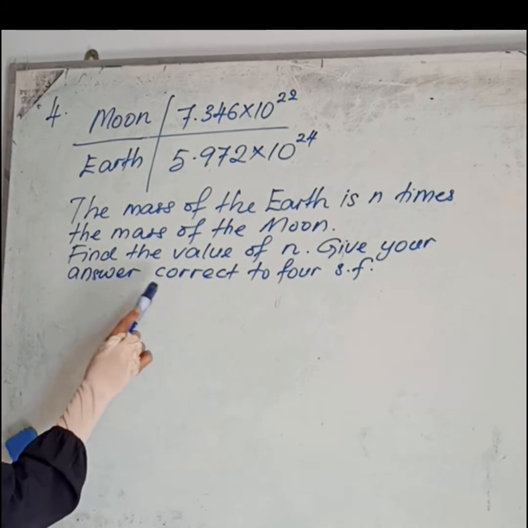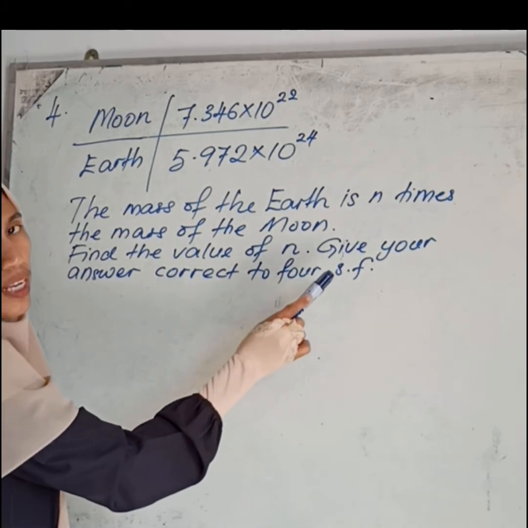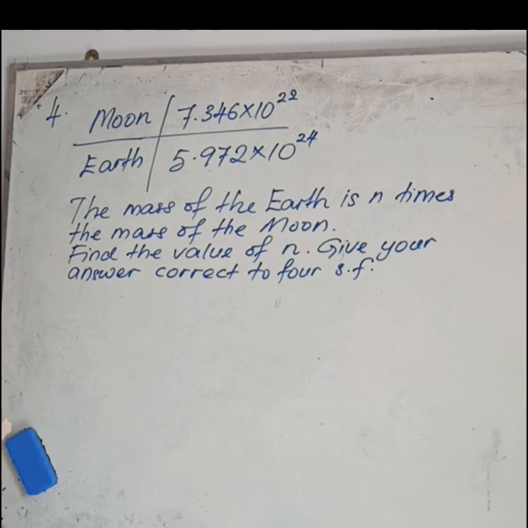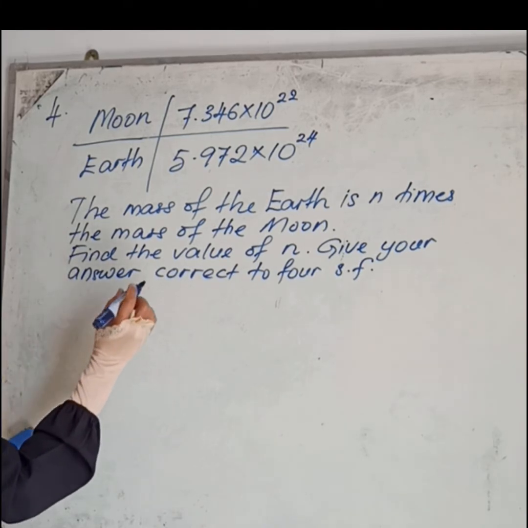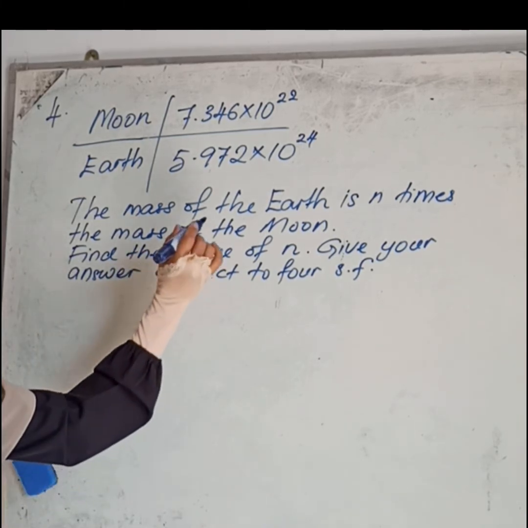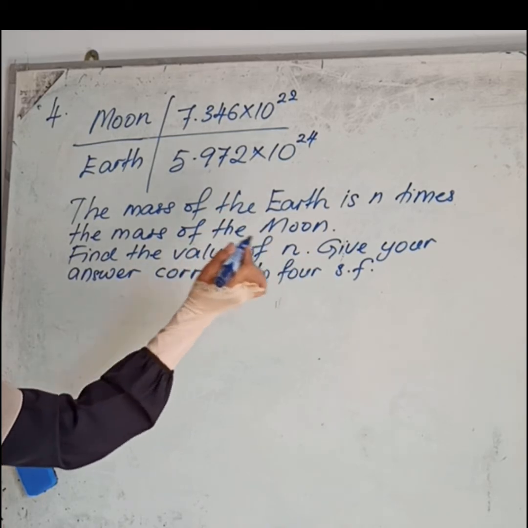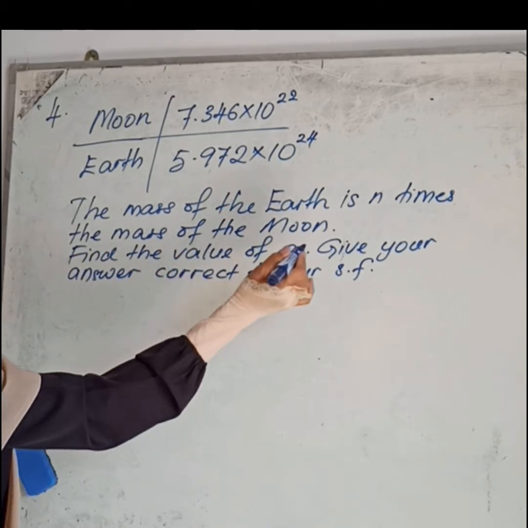Give your answer correct to 4 significant figures. Okay, so from this sentence we can change to the next sentence. The mass of the earth is n times the mass of the moon.